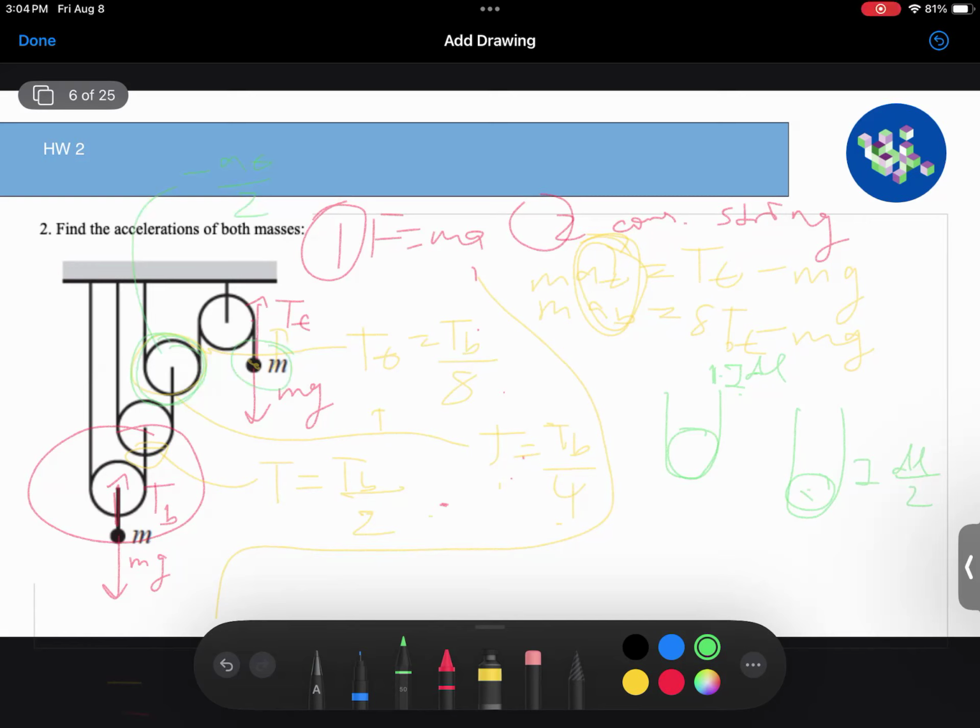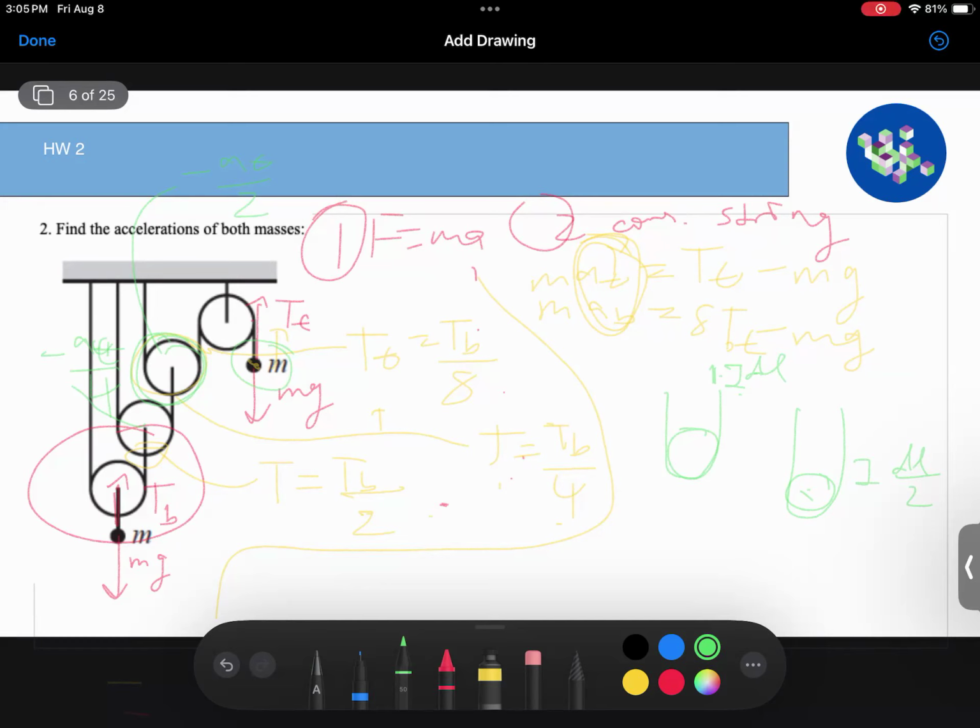Now, again, if this pulley wheel has an acceleration of negative AT over 2, then this one would have an acceleration of negative AT over 4. Because again, there are strings going on both sides of the pulley wheel, so you expect the acceleration to be half of the acceleration of the other pulley wheel, which is half of the acceleration of the mass.